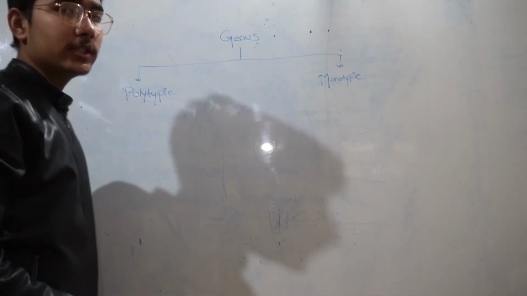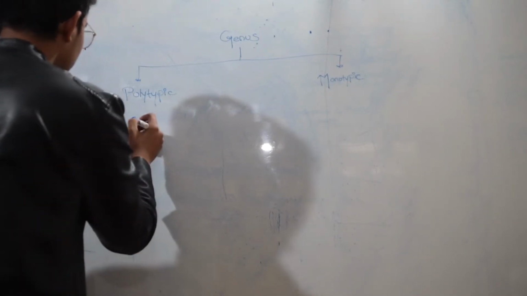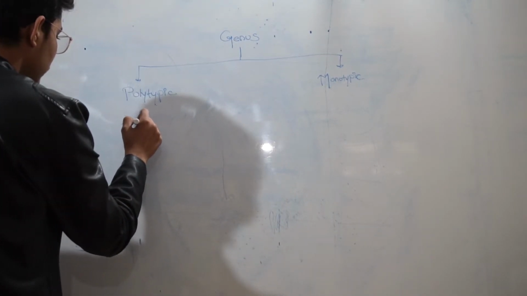Now, the polytypic genus is the one in which there is presence of more than one species. Yes, more than one species.